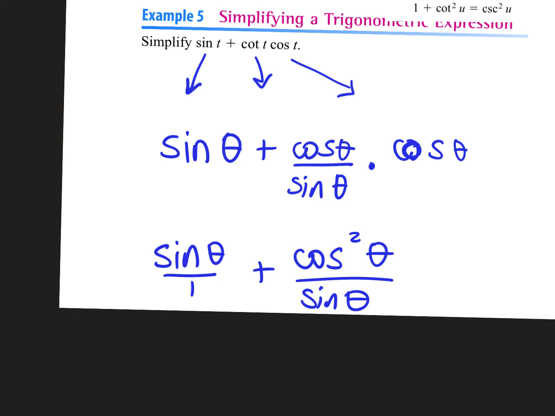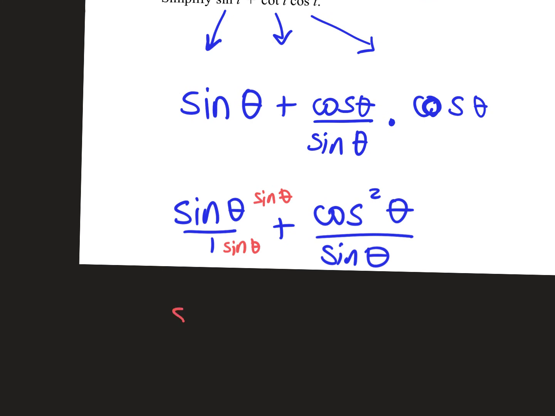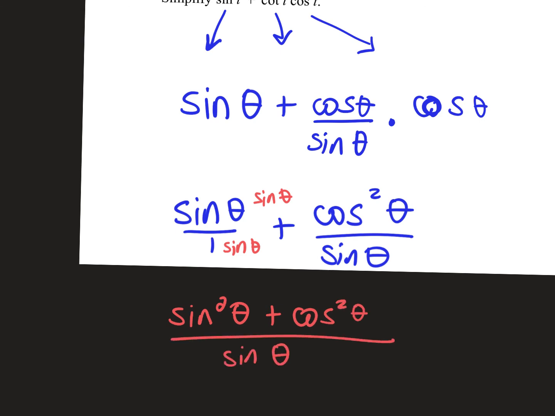Sine theta. So if I multiply the bottom here by the sine of theta, what you do to the bottom, you do where? To the top, right? So what's sine times sine? Sine squared. Good, Raul. Sine squared theta plus cosine squared theta over the sine of theta. Now, we're in all sines and cosines, right?